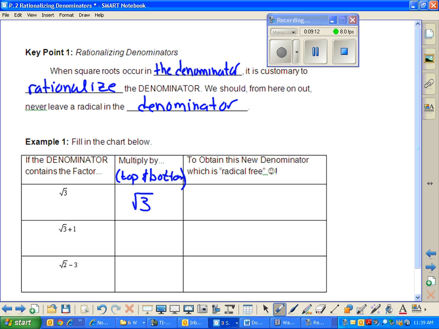If the square root of 3 is on the bottom of your fraction, and you multiply that by the square root of 3, essentially what we're doing is the square root of 3 times the square root of 3. Using our product property from last week, that is the same as the square root of 3 times 3, or the square root of 9, which is 3. Look at that. No radical. Poof, gone. So nice.